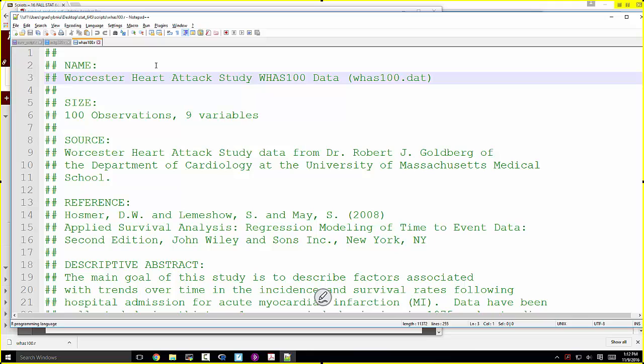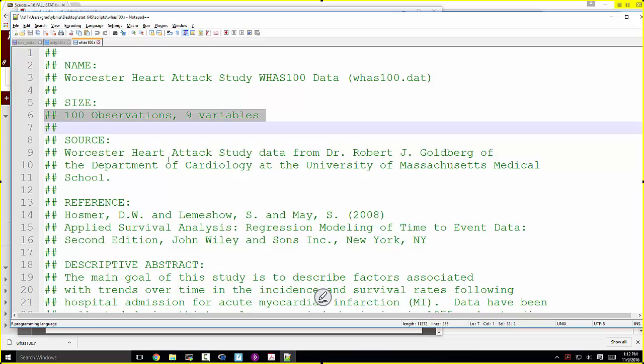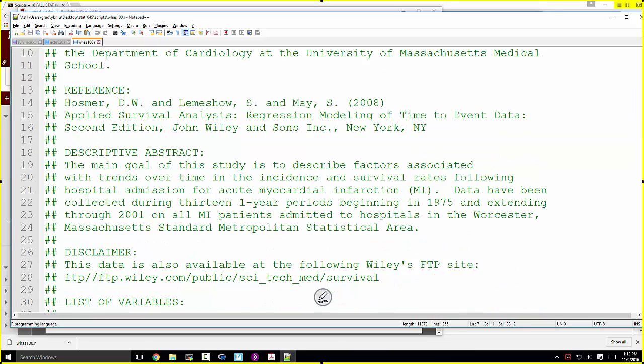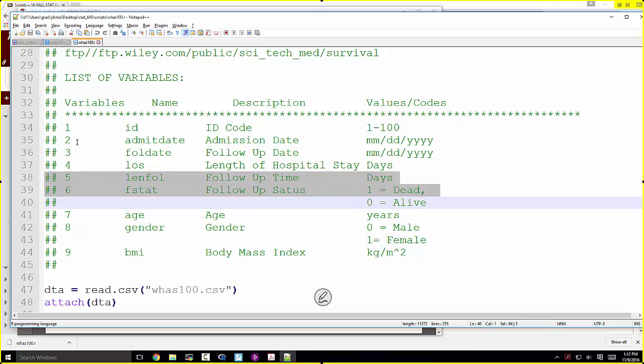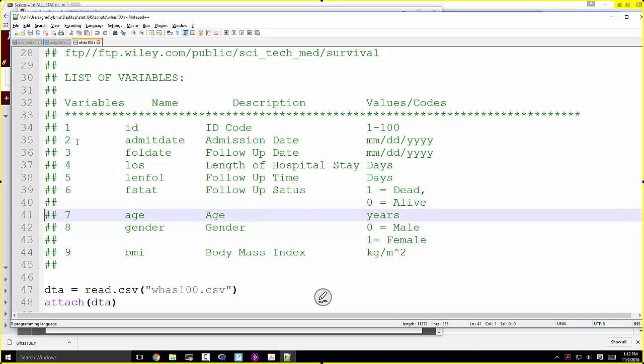We have 100 individuals, 9 variables. Follow-up time, length of follow-up, is the event time, and follow-up status is the censoring indicator. Age, gender, and BMI.